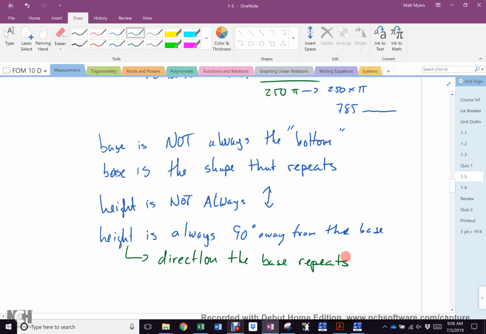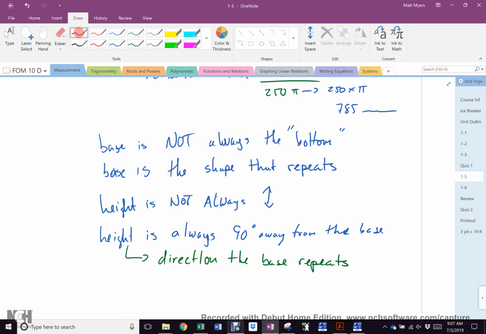So if I have this cylinder right now, the base is the circle, because that's what I start with, right? The height goes away from the circle, the direction the circle repeats. If I turn it this way, the circle is still the base, because that's the shape that starts. The height goes away from it. If I turn it diagonally, the height still goes away from the base. Does everybody understand that? All right.